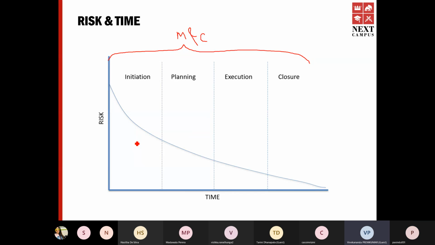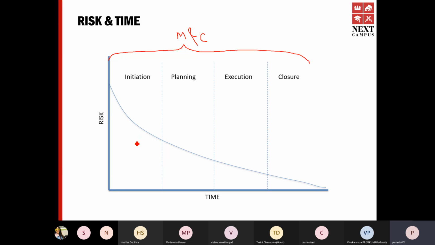Maybe we don't know whether we have done all these feasibilities, or we are not sure about the risks and everything. That is the reason maybe in the beginning we will face more difficulties and risk. Okay. Risk is highest to a project at the beginning. You're not wrong, Prem. It's also correct.